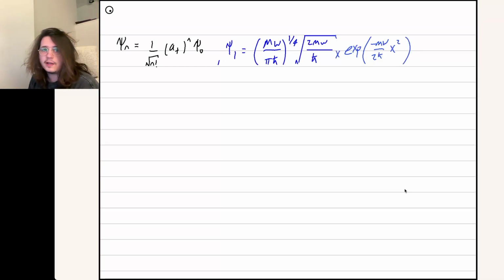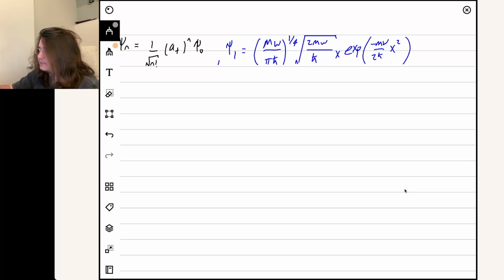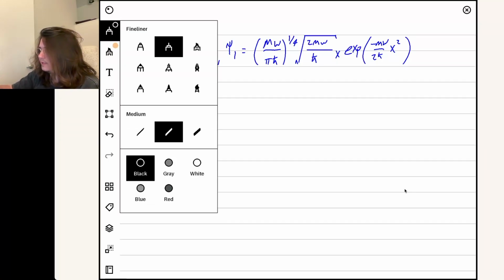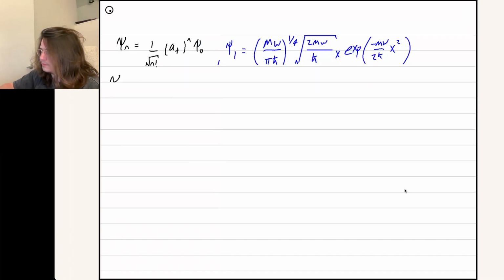And since we have psi 1, all we have to do is apply the raising operator now to this, and then we'll get psi 2. So I'll write that. Psi 2 will just be 1 over root 2 times the raising operator acting on psi 1.